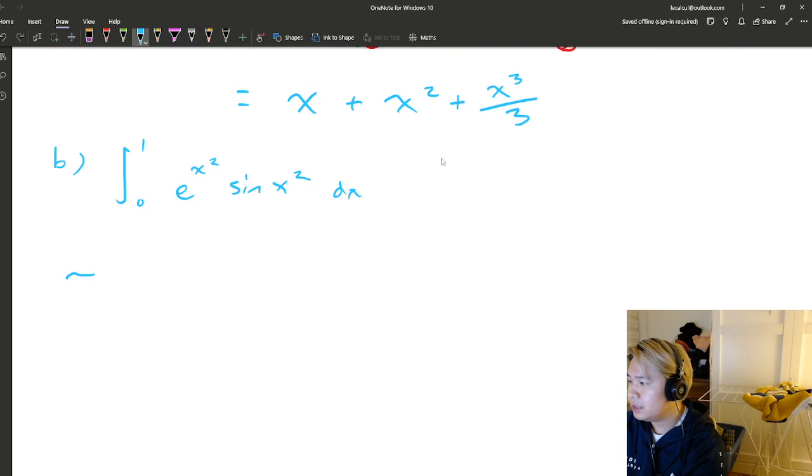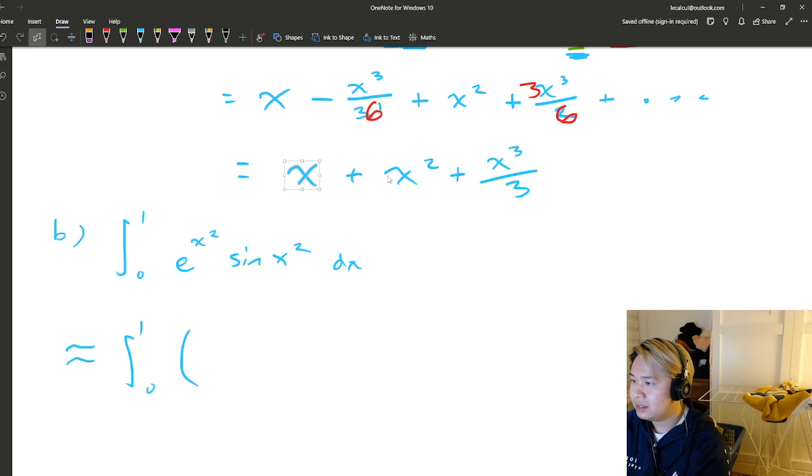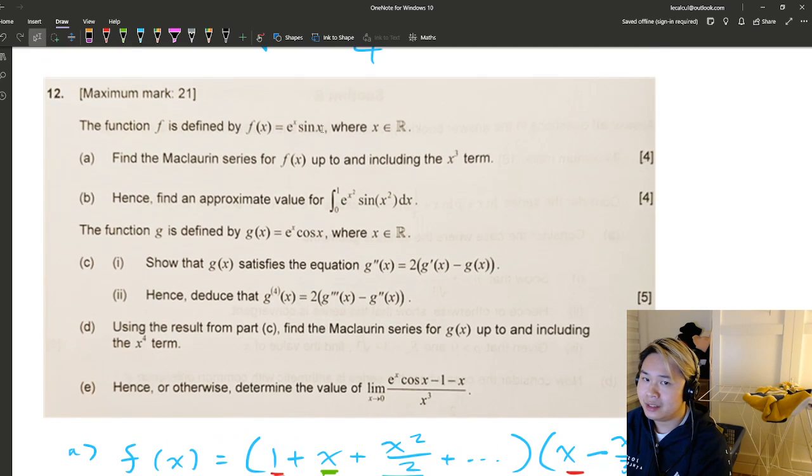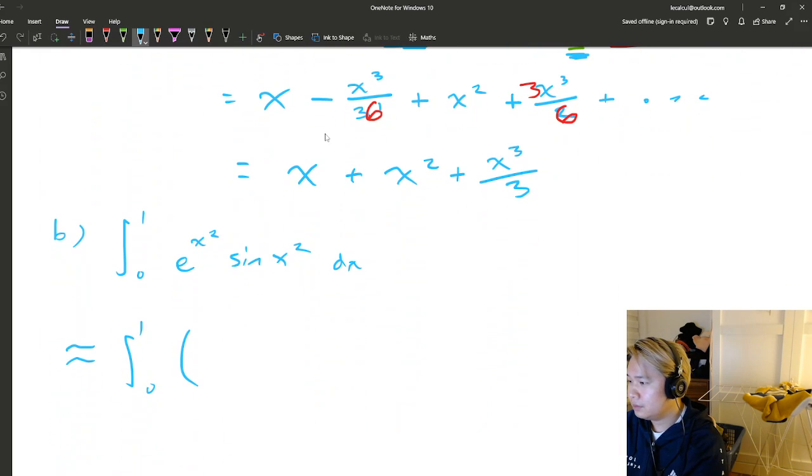So this is approximately equal to the Maclaurin series that we just figured out, but we replace x with x squared, because this was a Maclaurin series for just e to the power of x sine x. So this is x squared plus x to the power of 4 plus x to the power of 6 over 3 dx.